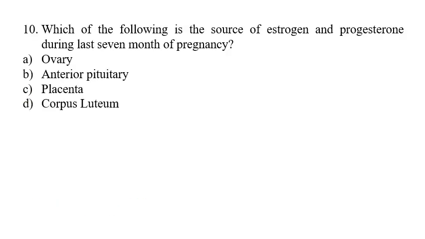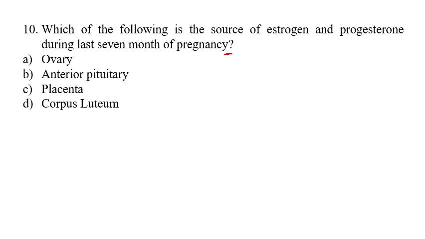Next, which of the following is the source of estrogen and progesterone during the last 7 months of pregnancy? Okay? So we know that during the first trimester of pregnancy, up to the 8th or 10th week, the corpus luteum is the main source of estrogen and progesterone.